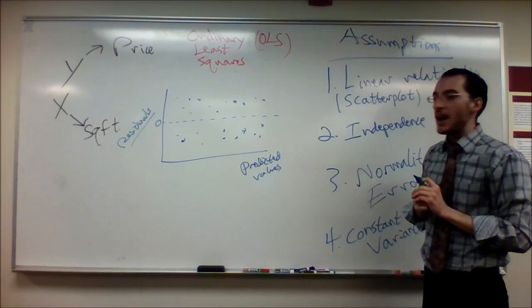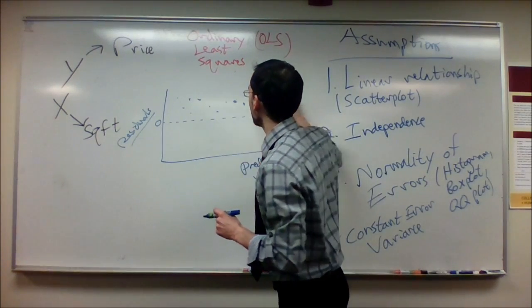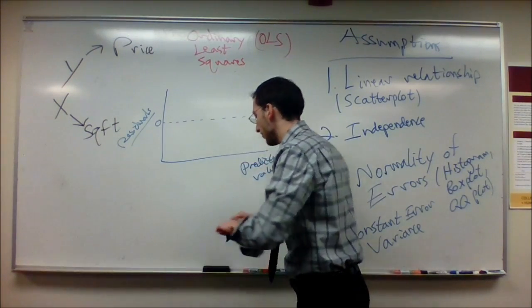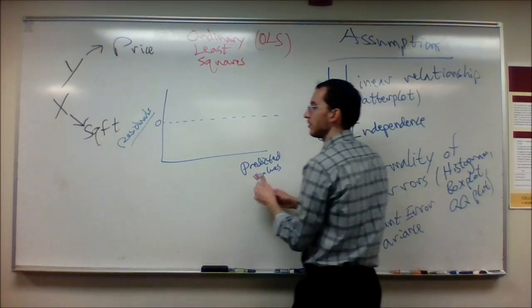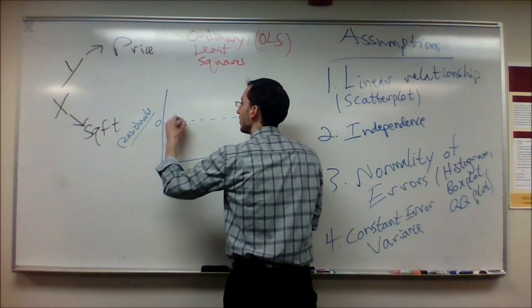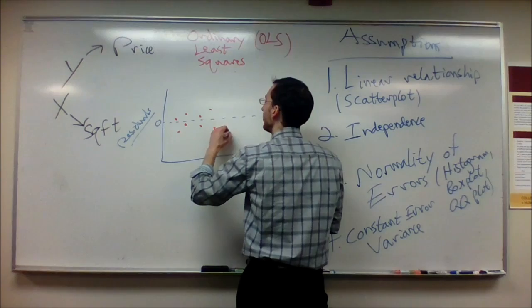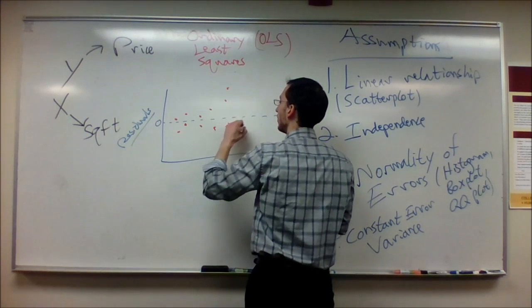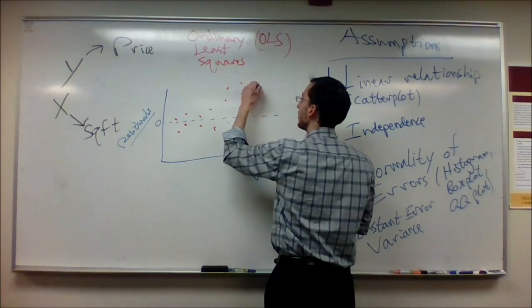If we don't have constant error variance, what we get is patterns. Maybe we get something that looks like this. Maybe for small predicted values, we get residuals that are close to the line. And then the bigger we get in our predicted values, the more spread out our errors become.